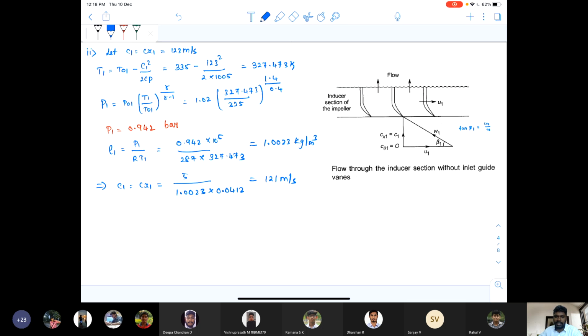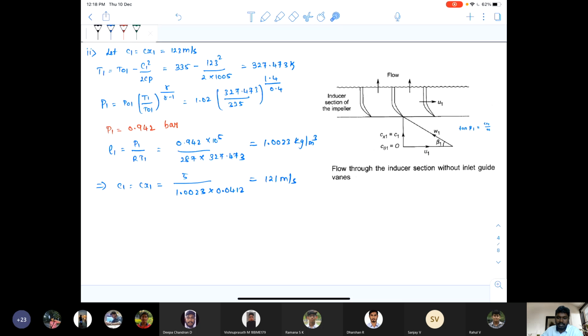Now the value of Cx1 is 121 meter per second, which is somewhat close to the value which we have assumed. So we can proceed with this value. The value which we have assumed is 123 meter per second and the value which we have attained is 121 meter per second, so the difference is only around 1%.